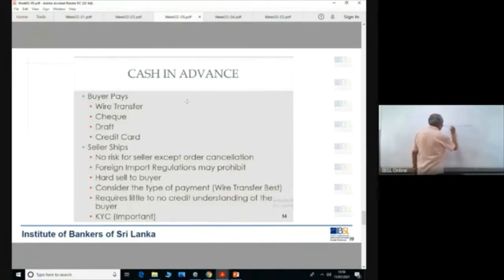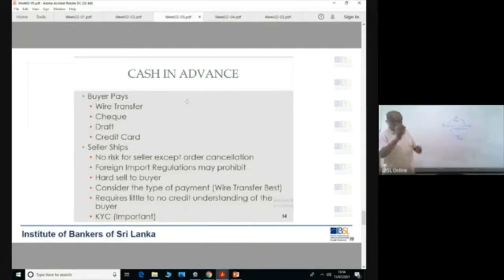Between them, we have the sales contract. That is number one. Then, based on the sales contract, the buyer will send the money. Number one, payment. The buyer will do the payment to the seller. Then only the seller will send the goods. Once he receives the money, he will send the goods.